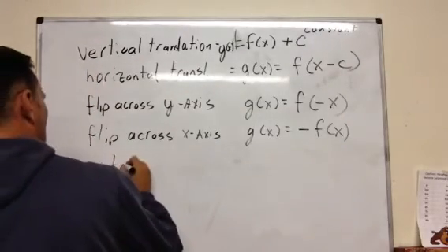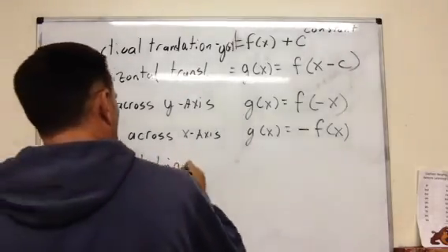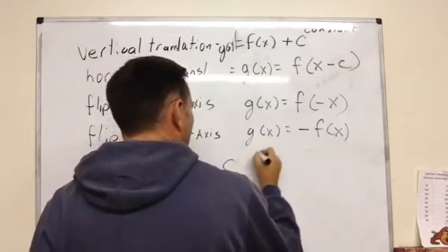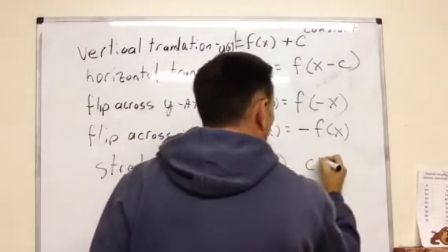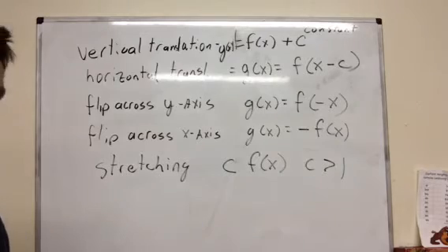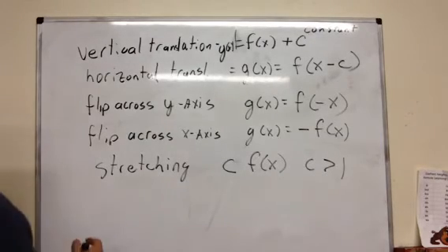If we are stretching our function, we're multiplying by some constant where c is greater than 1. This could be 2, 3, 5, 10, a billion. It just needs to be bigger than 1.